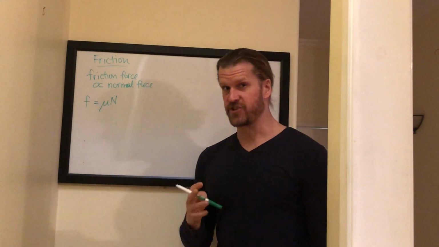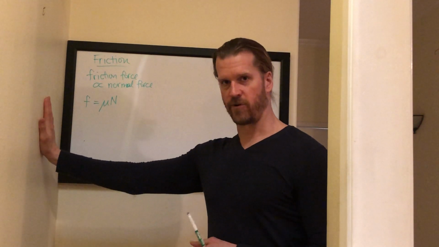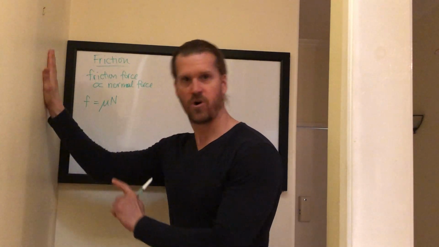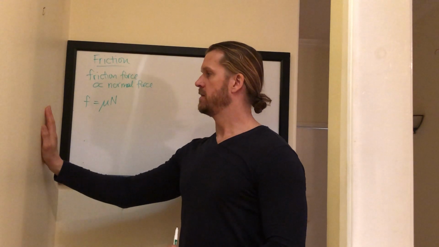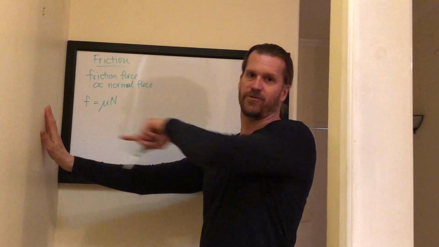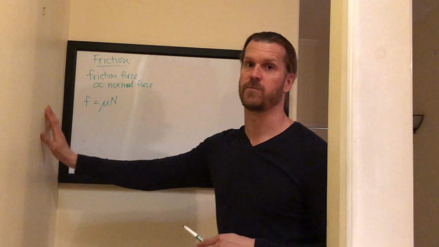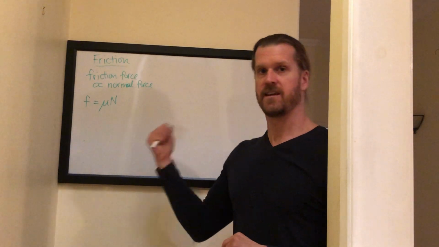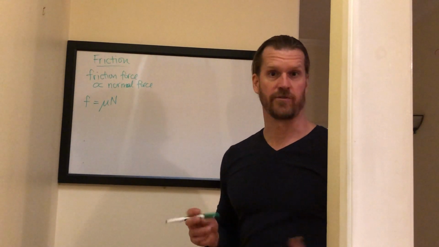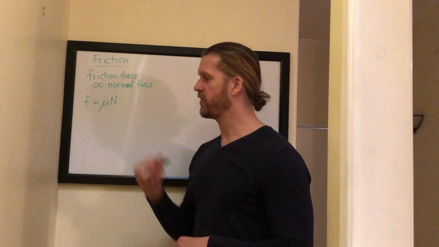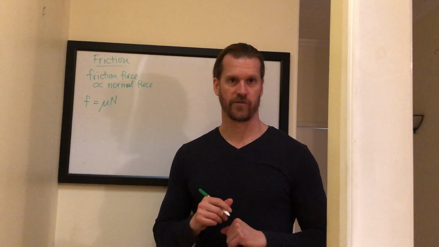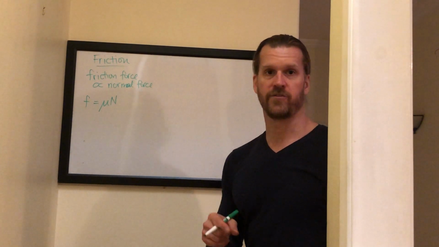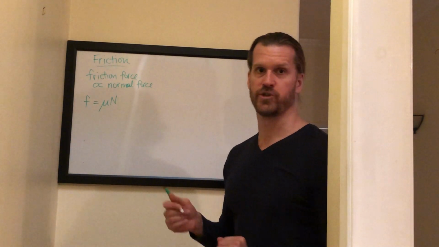If you think about the directions, the friction force is parallel to your surface, so parallel to your wall or desktop, whereas the normal force is perpendicular to the surface. Remember, that's what the word normal means. It means perpendicular. So, in fact, the vectors F and N are in perpendicular directions. Another thing about the direction of the friction force is that the friction force always opposes the direction of motion or the intended direction of motion.